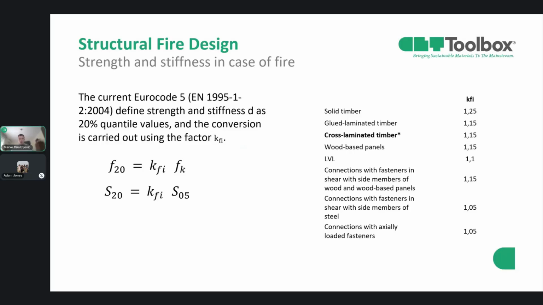Going into more detail, the current Eurocode defines strength and stiffness as 20% quantile values, and the conversion is carried out using the factor k_fi. Eurocode 5 also defines this factor for different materials. For instance, for cross-laminated timber, a value of 1.15 is taken from the Austrian National Annex because it's not stated in the current Eurocode.